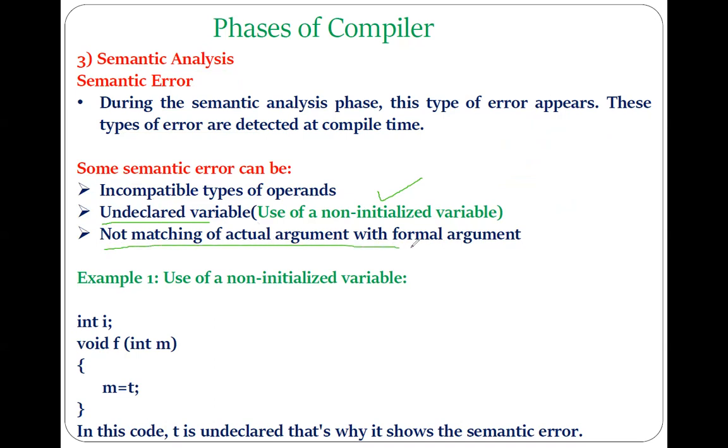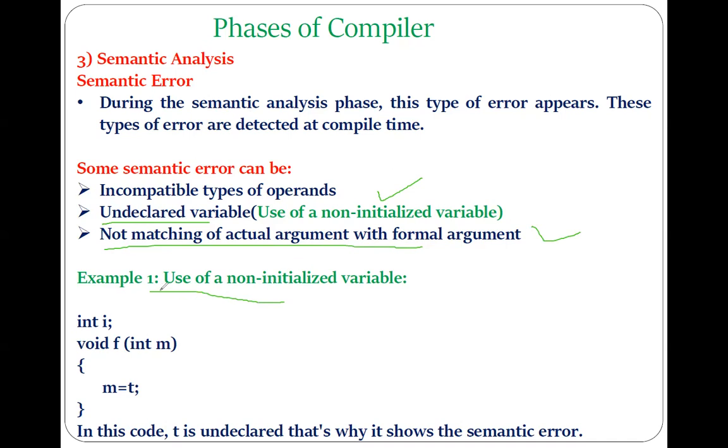Also, when you are utilizing two functions, the calling function and the called function, suppose in the calling function you have two parameters, and in the called function you have three parameters. This mismatching of parameters is also detected by the semantic analyzer. If you make this kind of mistake, that is considered a semantic error. With an example, you will see this.